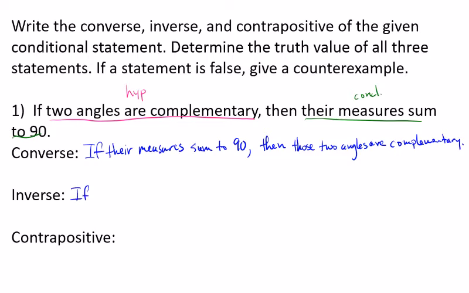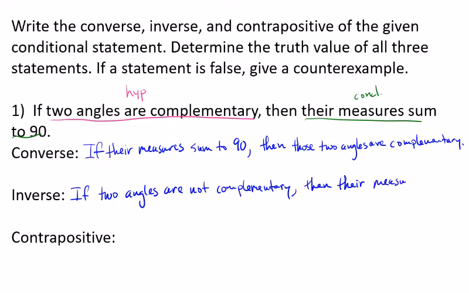So if two angles are not complementary, then their measures do not sum to 90, right?